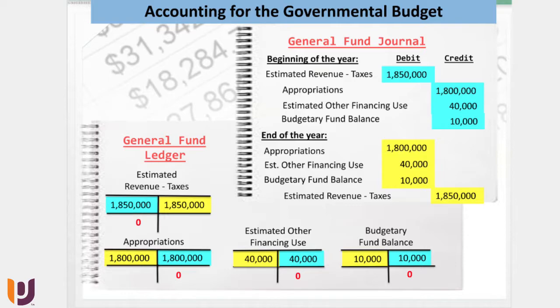The initial and amended budgets are reported along with actual figures for the period as required supplemental information in the comprehensive annual financial report. As an alternative, this information can be shown as a separate statement within the fund-based financial statements.